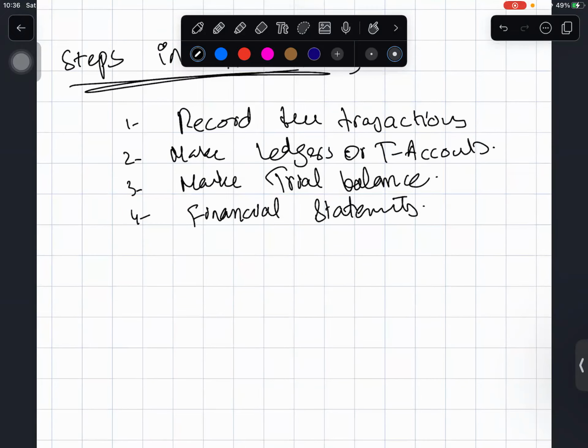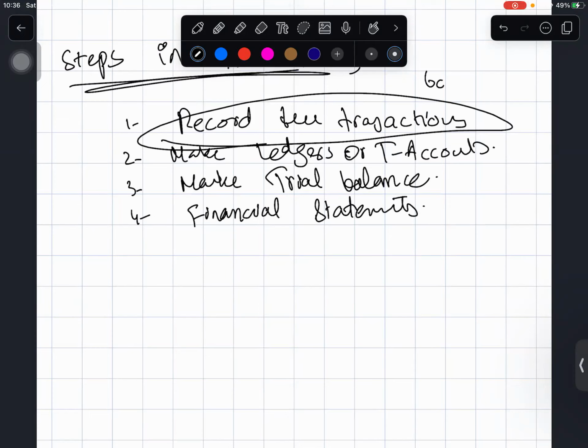Now this first step is almost 60 to 70% of financial accounting, and if you've done this correctly, then the chances that your financial statements will be correct are extremely high. Because once you've done this, the next steps are basically just formatting steps.